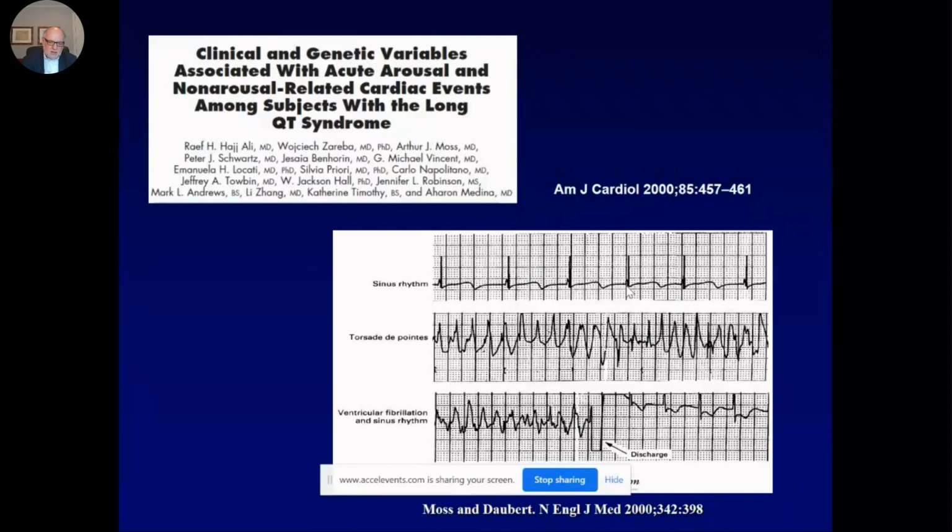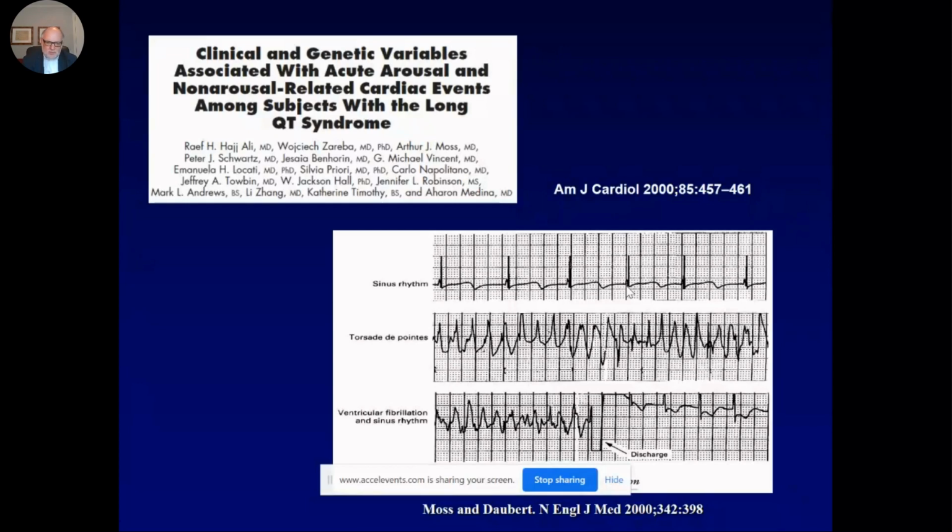Because, of course, if you have a trigger, you could have some form of autonomic dysfunction or autonomic reaction. So if you have loud noise, you subsequently have instability of heart rate or instability of repolarization, leading to arrhythmia.